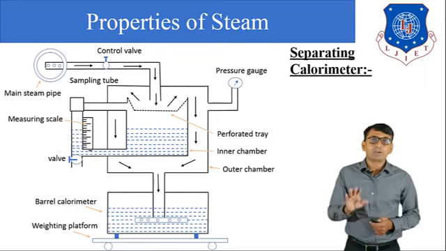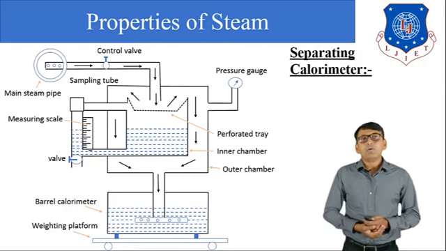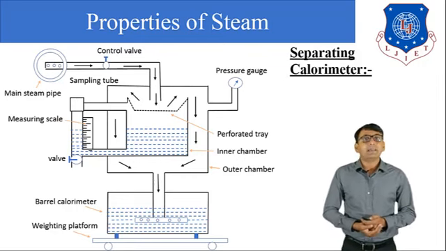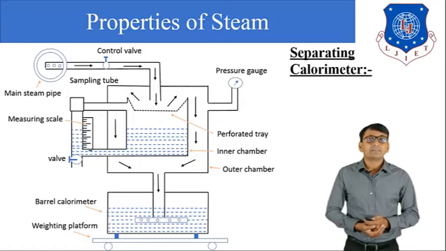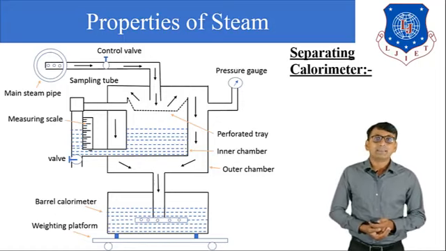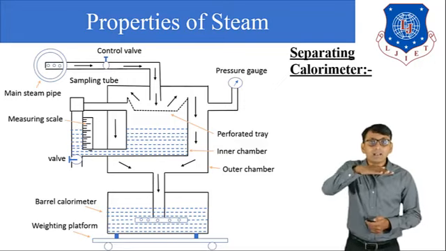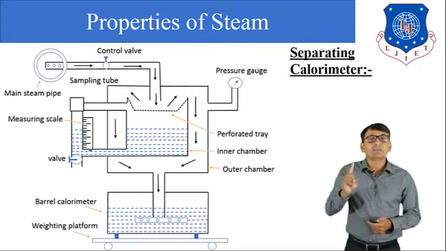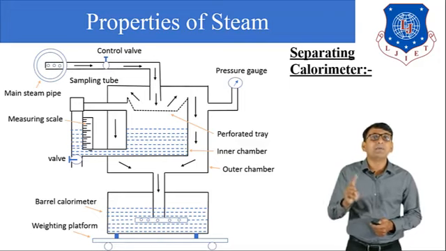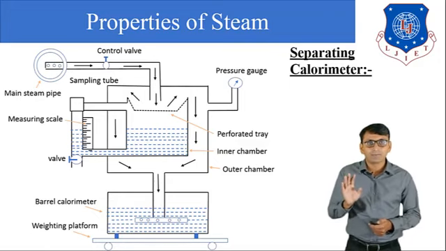So the weight of water increases, which is measured by the weight measuring machine. The pressure gauge measures the pressure of steam. The measuring scale measures the level of water, so that we find MW, the mass of water.